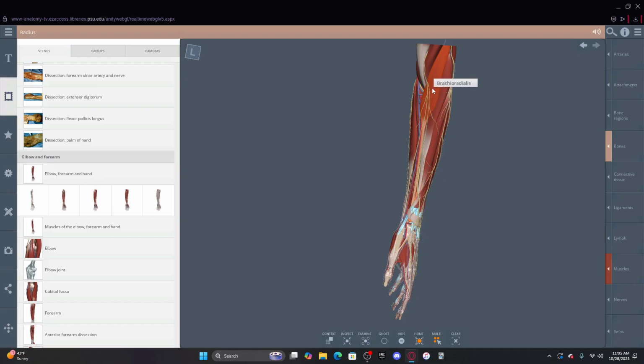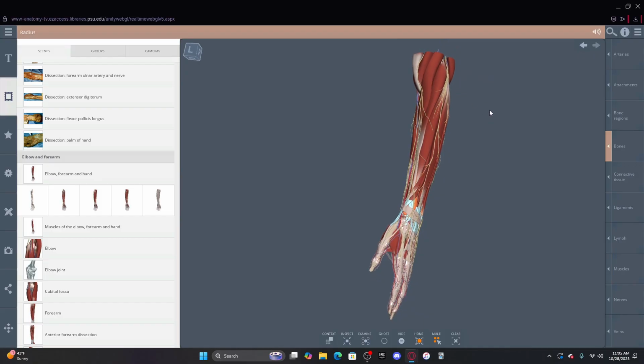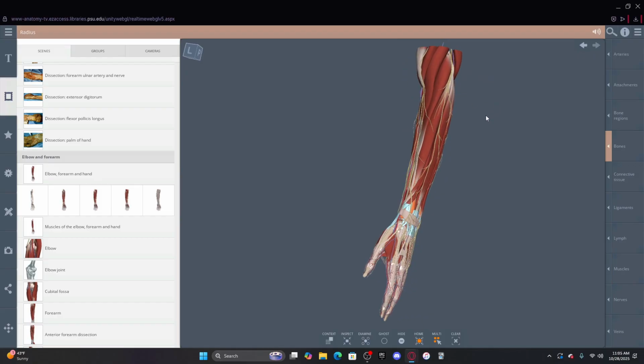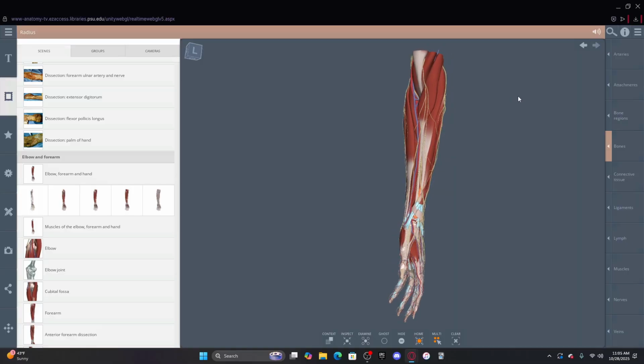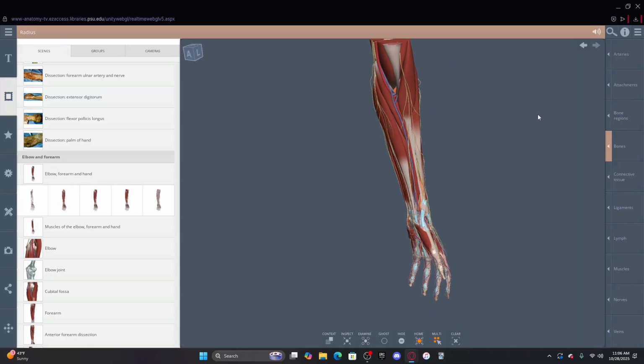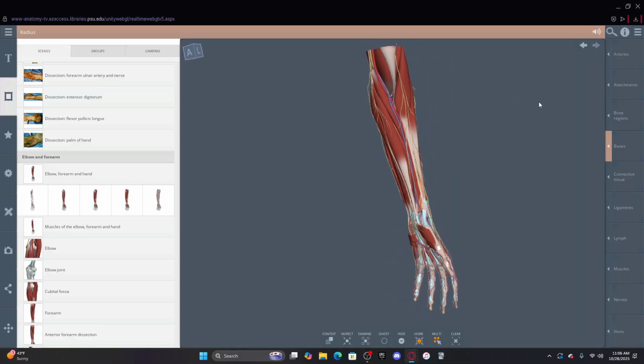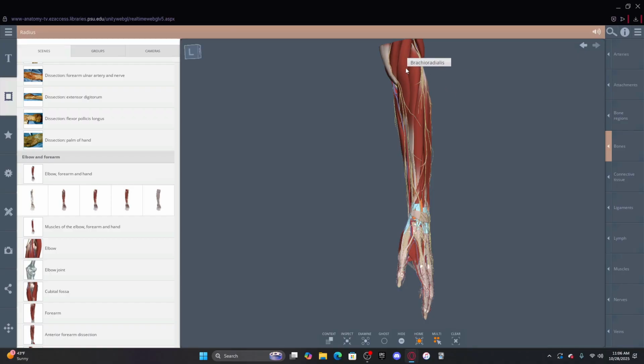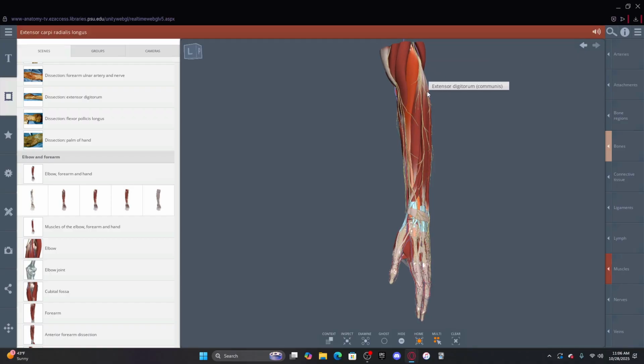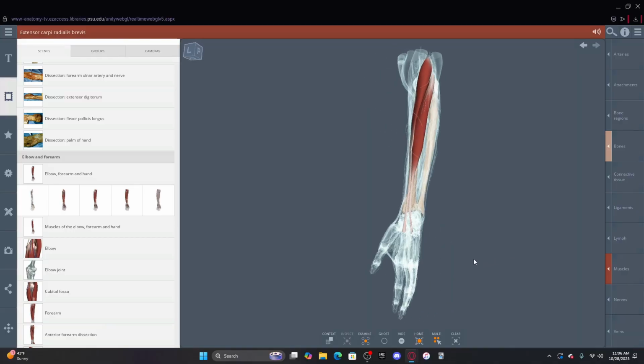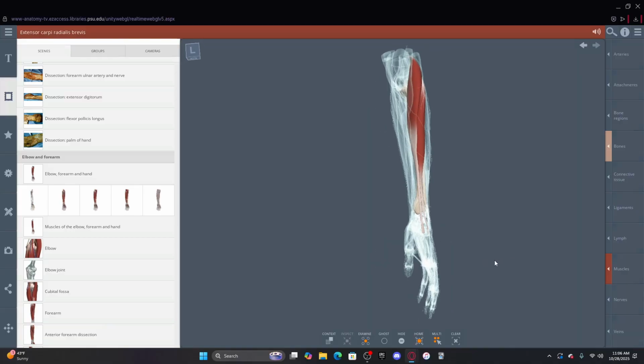So now that we have that, let's move on to the next muscle. We have a set of two muscles: extensor carpi radialis longus and extensor carpi radialis brevis. It is a mouthful, right? They are behind, or posterior to, brachioradialis. So we can kind of pair them together when it comes to muscle function.